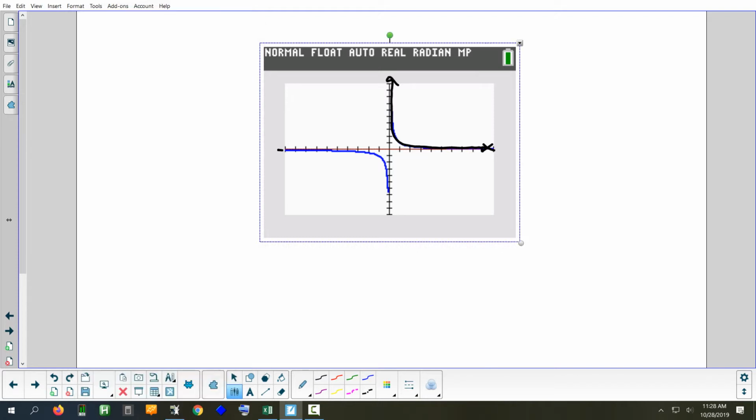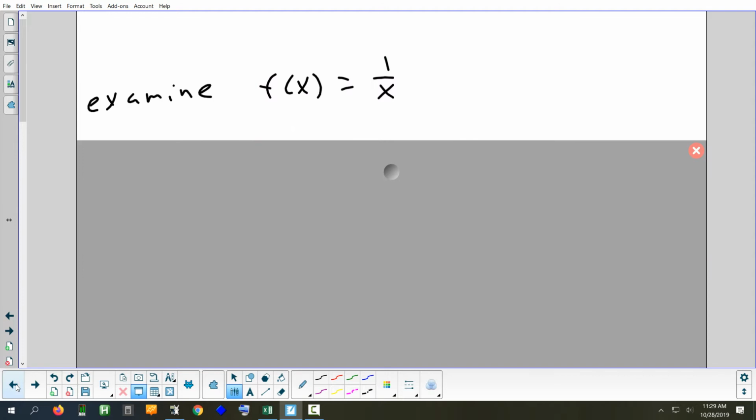What's happening as I approach 0 from the left side? My y is heading down forever. So the two things we're going to describe here are approaching 0 from the right and from the left, and I'm going to show you how to write it.